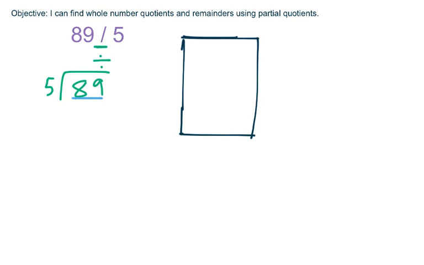So in this case, one of the first things I really like to do is jot down some of those heavy hitters. Heavy hitters are those numbers that are kind of like a menu of chunks that I can pull from so that I can start subtracting from my large number of 89. Your heavy hitters have got to be multiples of whatever number you're dividing by, this divisor.